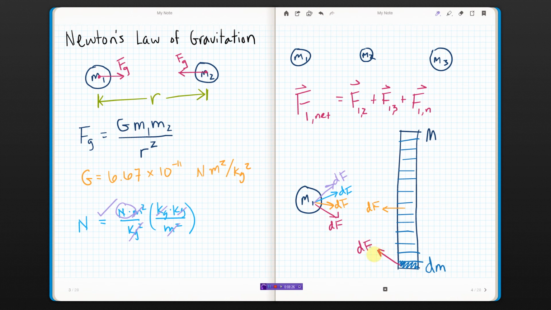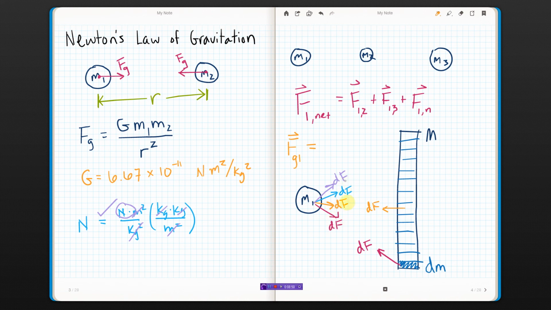So what I'm really looking at is the total force of gravity on my particle. Let's go back to orange. The total force of gravity on my particle 1, G on 1, would be dF plus dF plus dF plus dF.